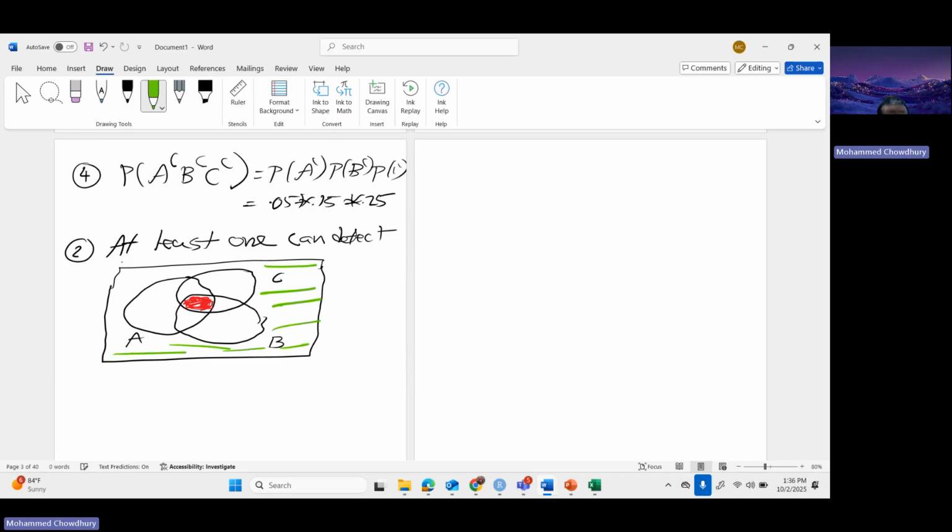Do you agree with that? Outside of this area is none can detect, right? Clear, right? Agree? Okay. Now, none can detect is obtained by this, right?